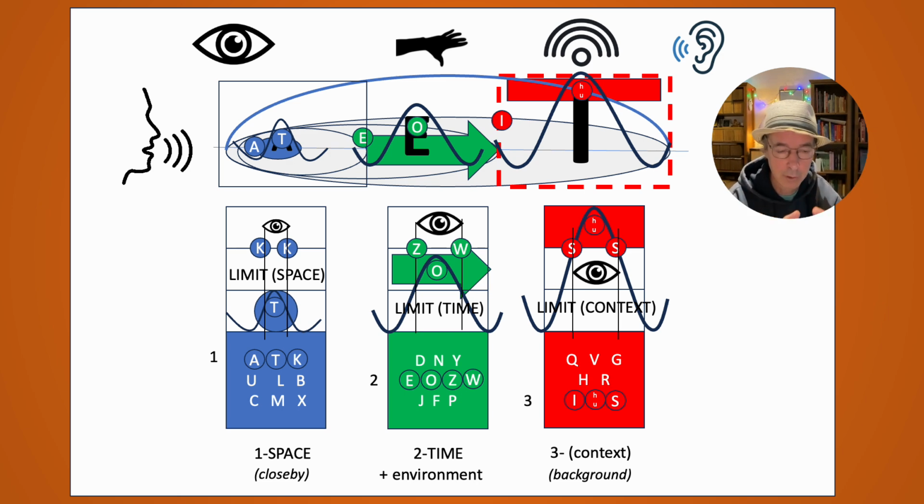If I focus on space separately, the limit of where I can see is the K. Beyond that is where I can't see, of course.